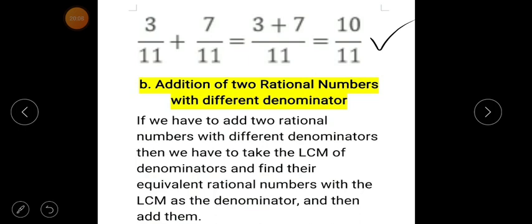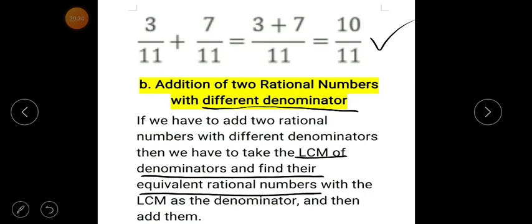When we have to add rational numbers with different denominators, what do we have to do? We have to take the LCM of the denominators to find the equivalent rational numbers with the LCM as the denominator, and then add them.